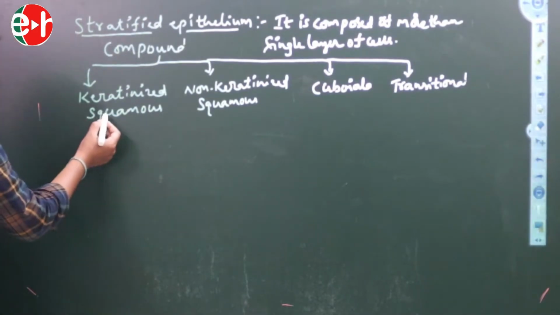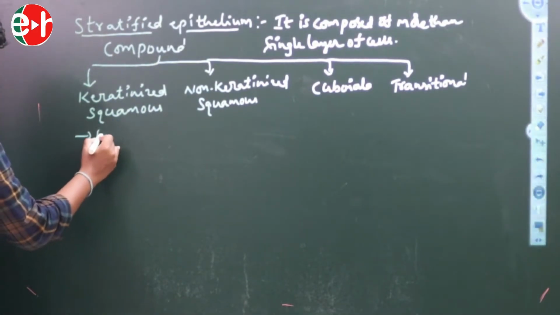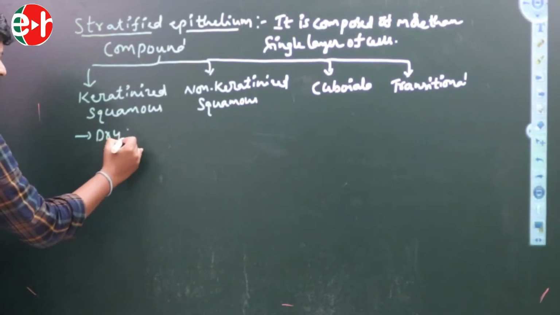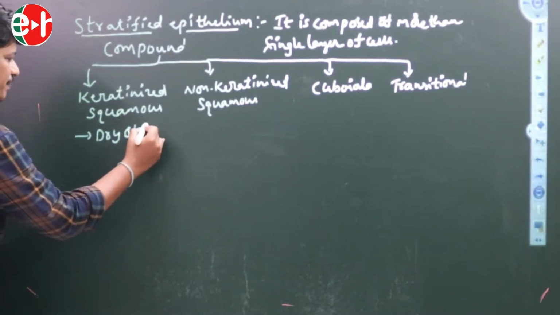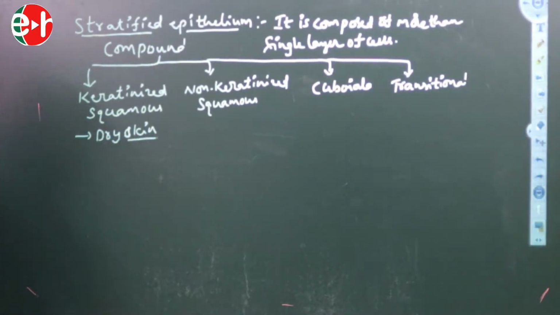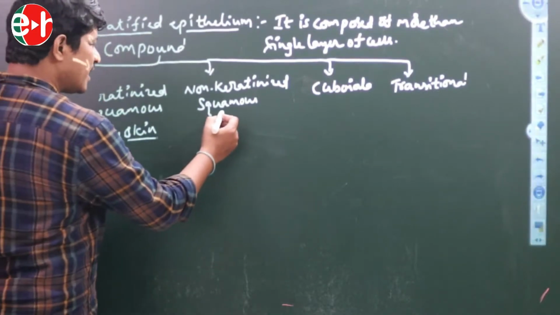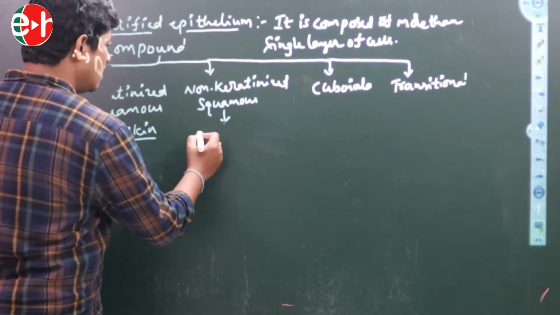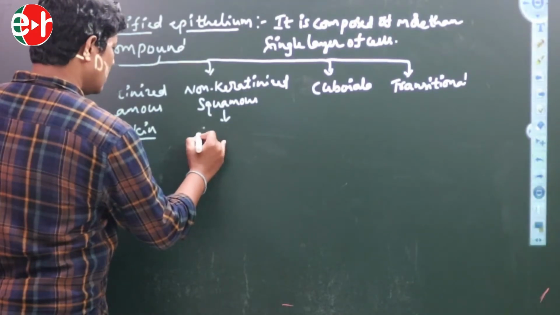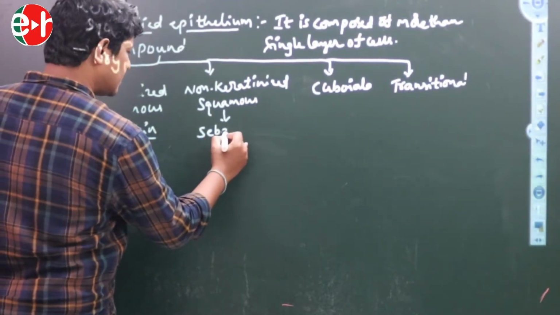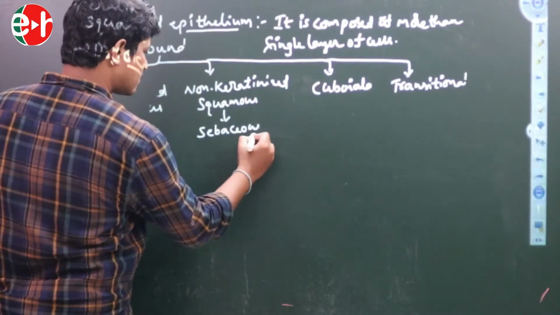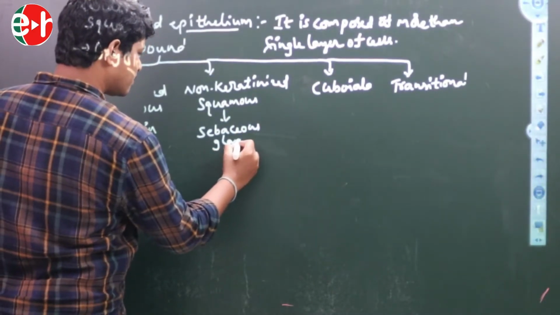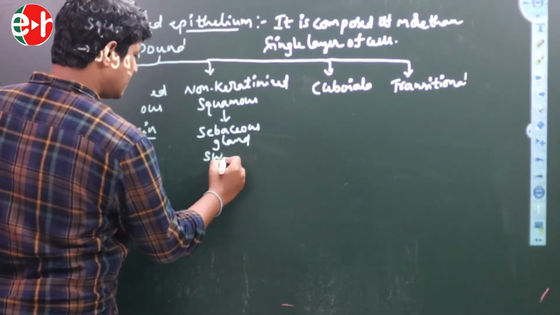Keratinized squamous epithelium is found on the surface of dry skin. Non-keratinized squamous epithelium is found in the sebaceous glands and sweat glands.